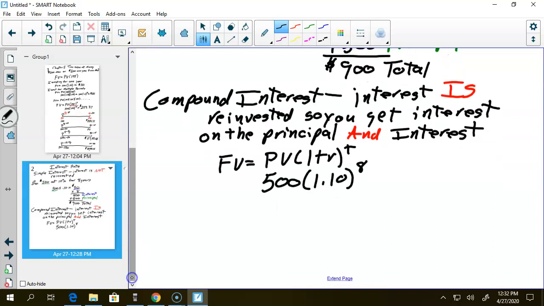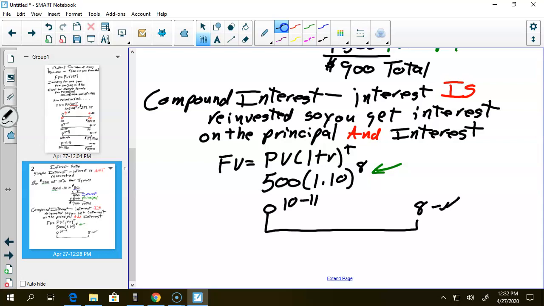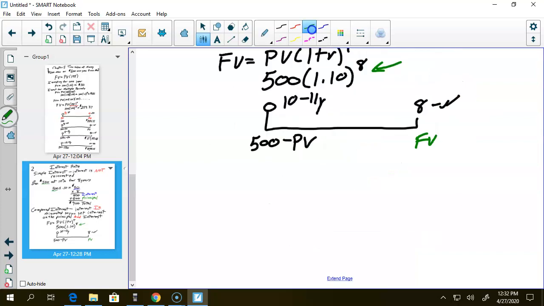Quite honestly, and this is just me, but I don't like dealing with the exponents and things like that. I could put this on my timeline. Okay, I know I got 8 years. I'm going to draw 10% interest on my $500. That's my present value, and I want to know what is the future value of that money.